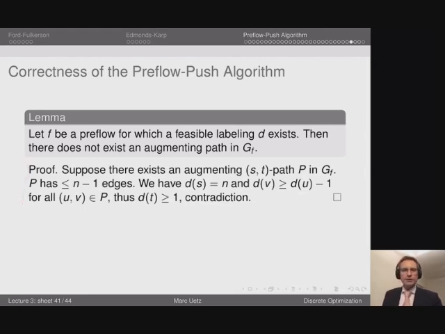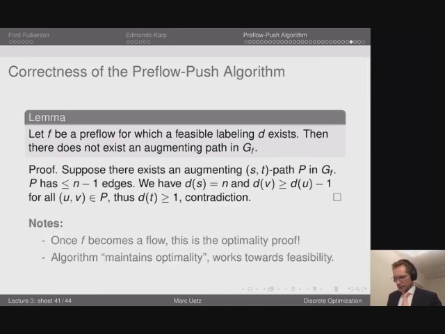And that actually has a strong implication, because this is a lemma for a preflow, and we are maintaining a feasible labeling at all times during the algorithm. So that means at all times there does not exist an augmenting path in the corresponding residual graph. So once our preflow becomes a flow, once all the excesses are gone, this is already the optimality proof, because we have no augmenting path anymore in the residual graph.